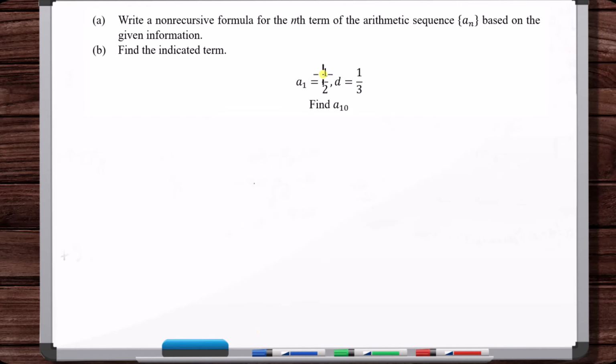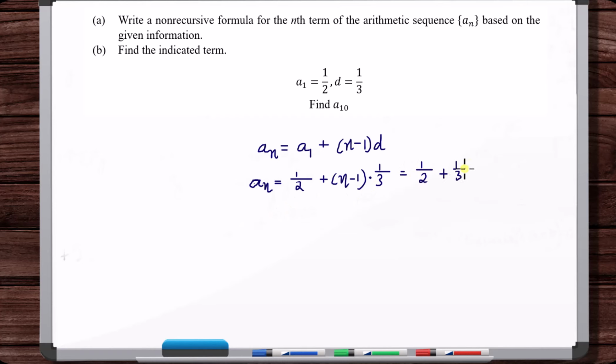Okay, same problem, just as before. So first, let's find the a sub n. So a sub n is a sub 1, 1/2, plus n minus 1 times 1/3. 1/2 plus 1/3 n minus 1/3.